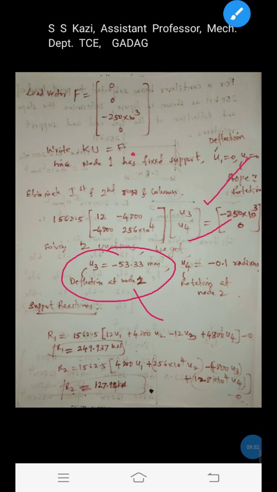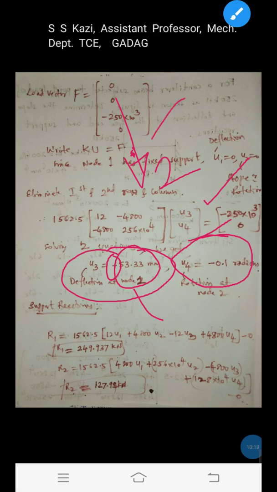That is the deflection at the free end, it is deflecting in the downward direction, because the negative sign indicates node 2 is deflecting downward by an amount of 53.33 mm, and node 2 will have a slope or rotation of minus 0.1 radians. That is U4, the slope or rotation at node 2. If you convert it into angle, you just multiply this 0.1 by 180 by pi, then you will get it in degrees.